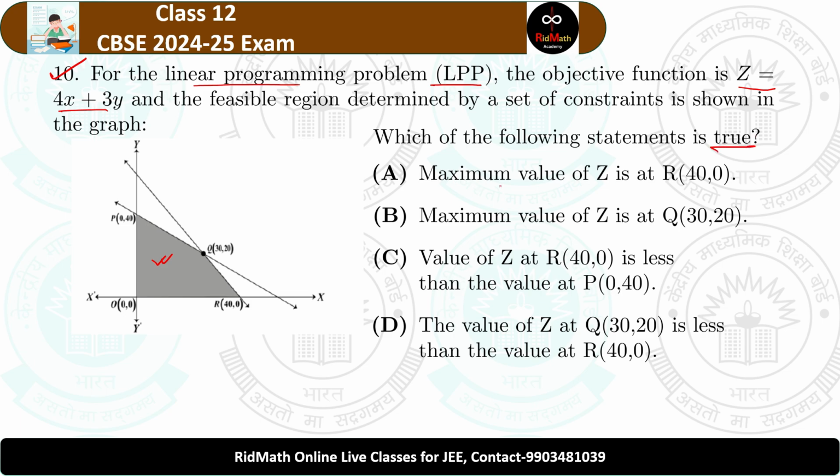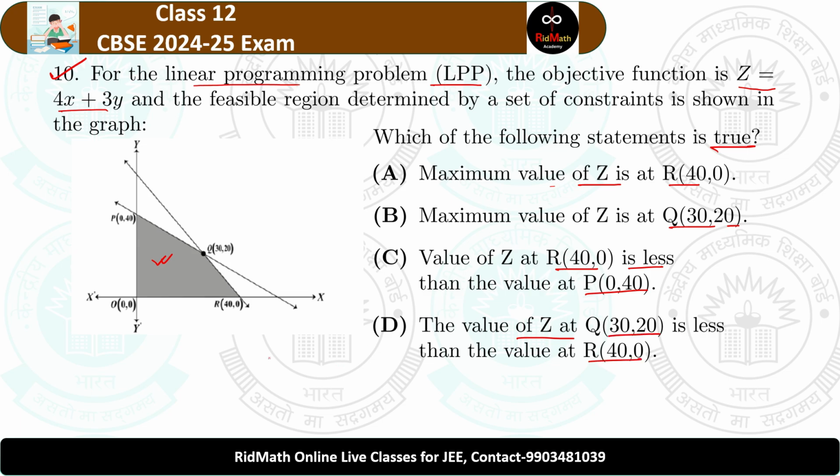Maximum value of z is at R (40, 0). Maximum value of z is at Q (30, 20). Value of z at R (40, 0) is less than value at P (0, 40). Value of z at Q (30, 20) is less than value at R (40, 0).